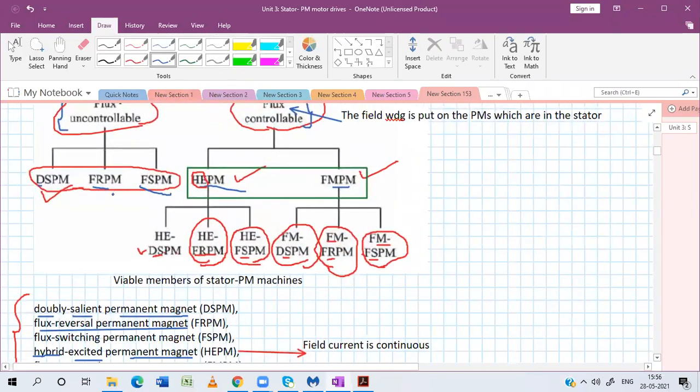In the next session we are discussing FRPM, flux reversal permanent magnet, and flux switching. Thank you all of you.